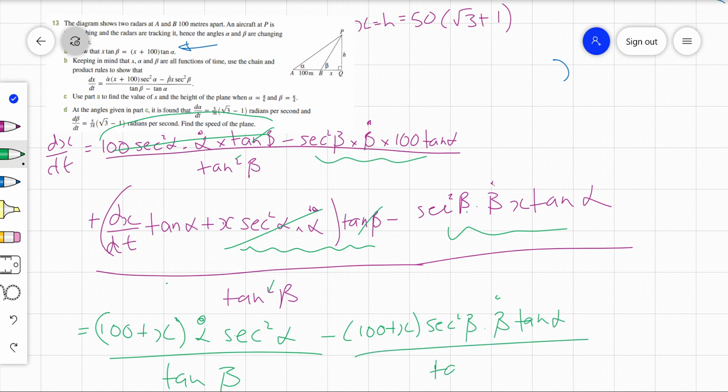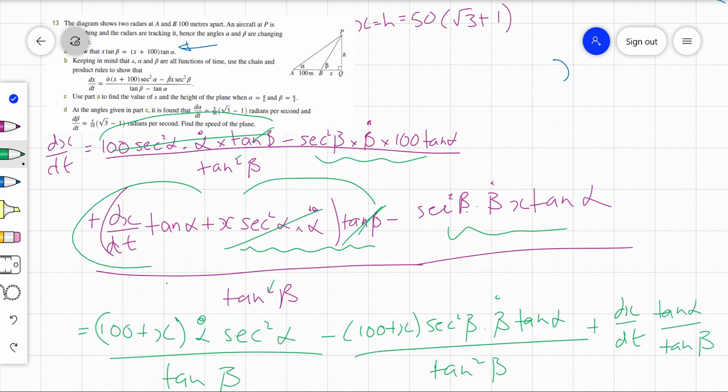And this is on tan squared beta. And then the last bit is kind of this bit, remember it's times by tan beta on tan squared beta. So, oh yeah, so I can cross that off. So it's just positive dx to t, and then we've got tan alpha on tan beta.